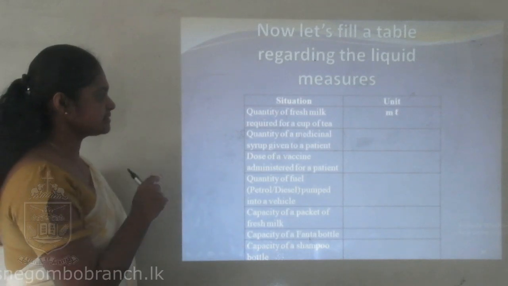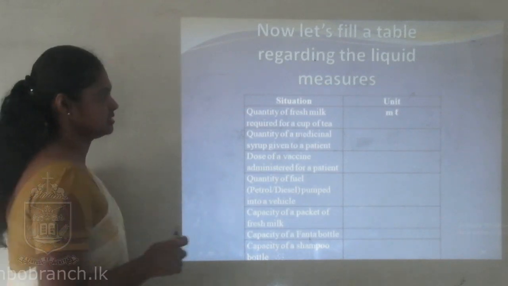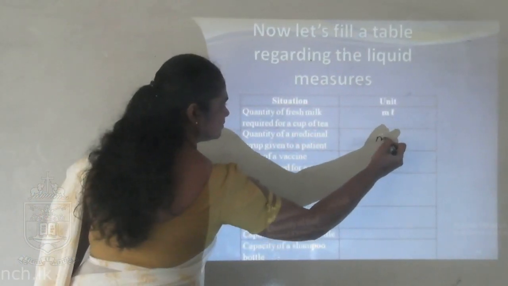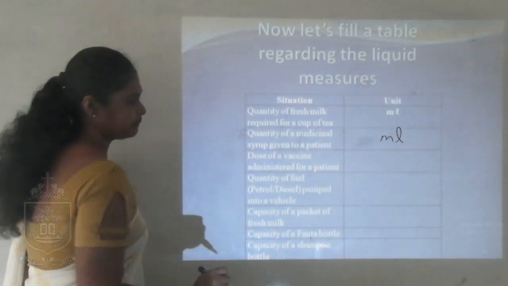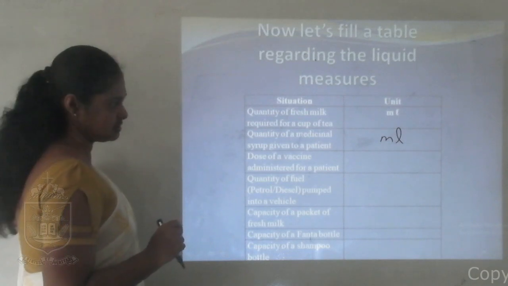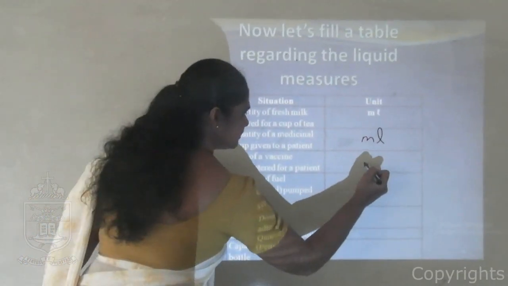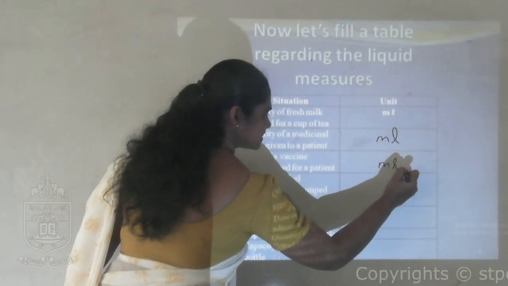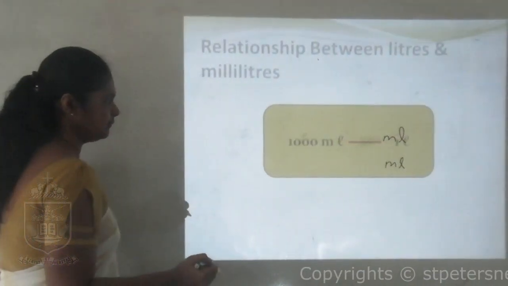Quantity of a medicinal syrup given to a patient. You measure in milliliters normally. Dose of a vaccine administered for a patient. Again we measure by milliliters because the vaccination is also a liquid.